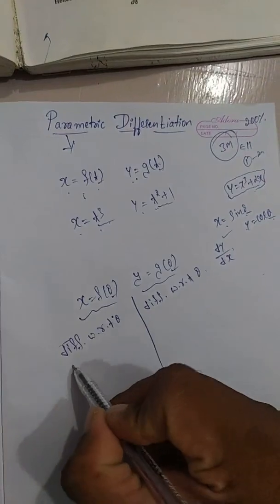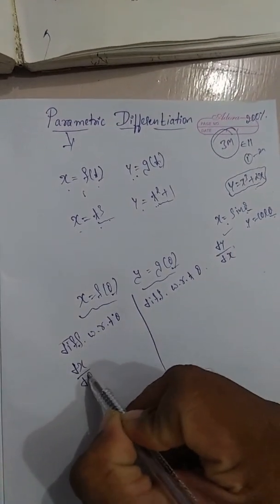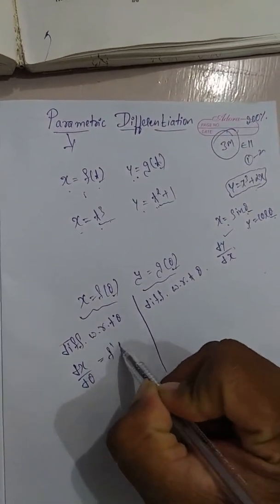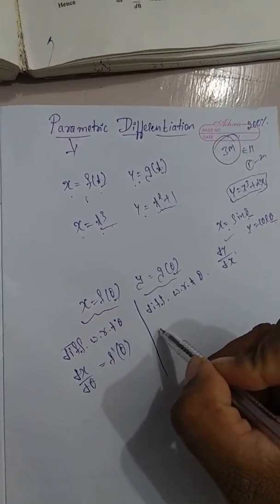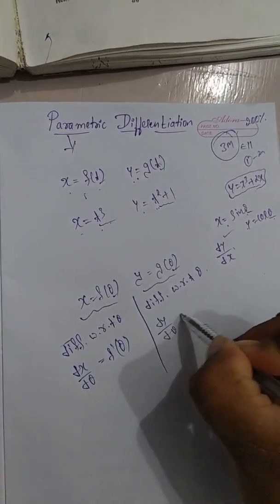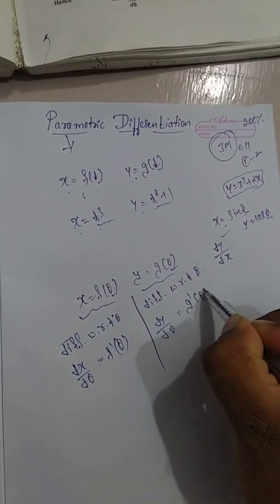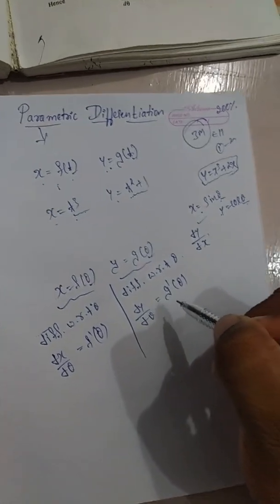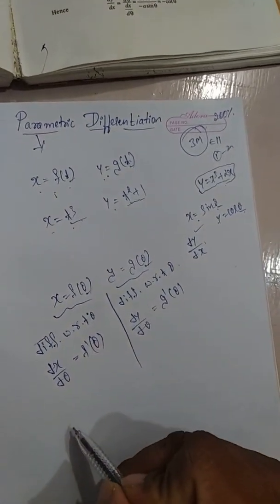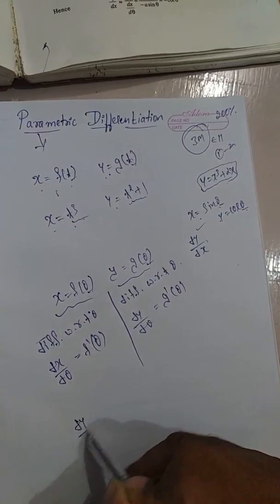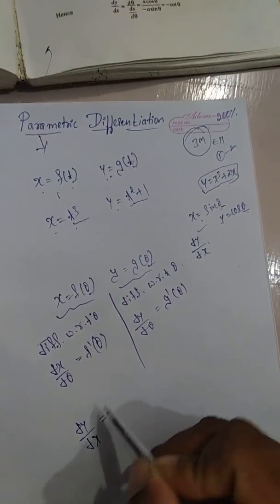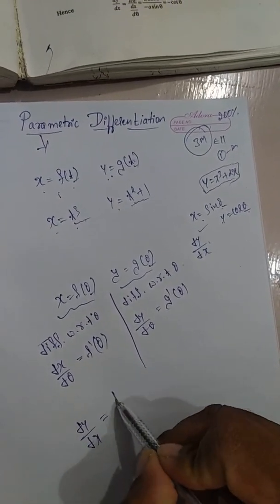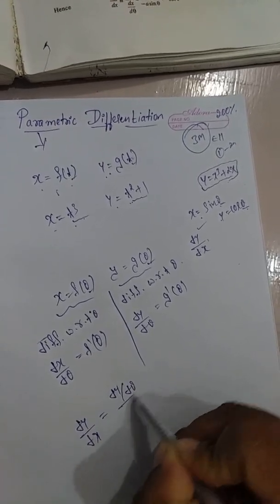If you differentiate, dx by d theta is equal to f dash of theta, and dy by d theta is equal to g dash of theta. Now you want to find dy by dx. So dy by dx is equal to dy by d theta divided by dx by d theta.